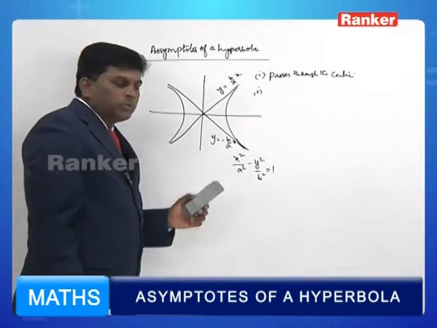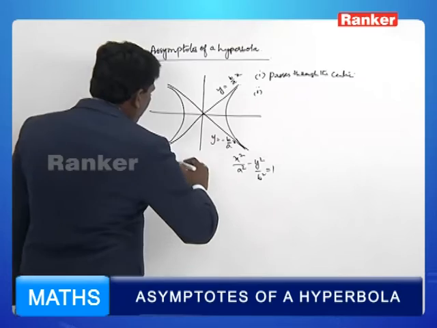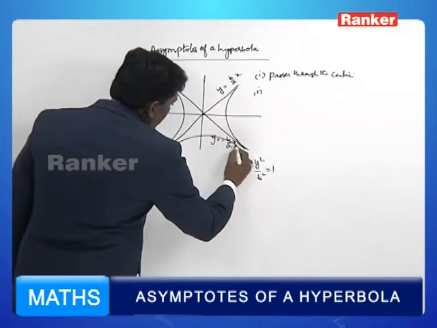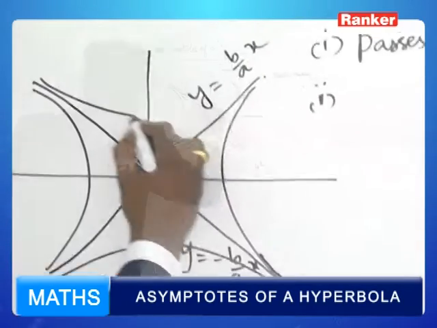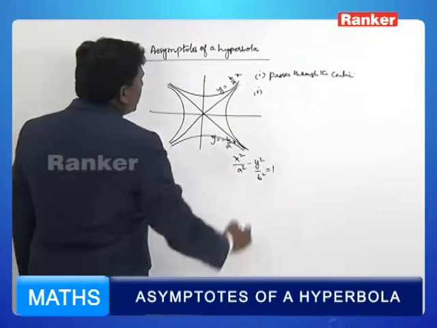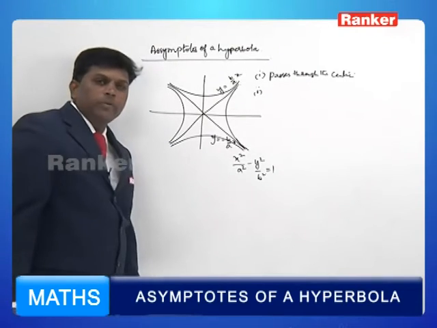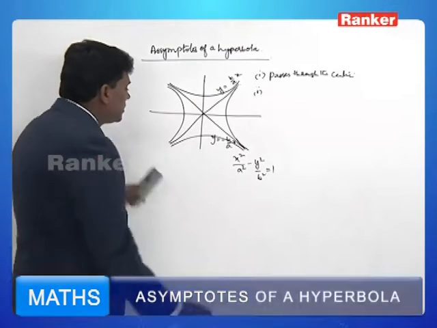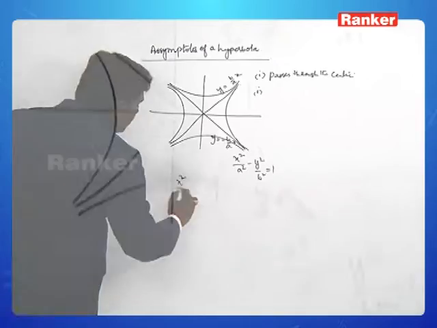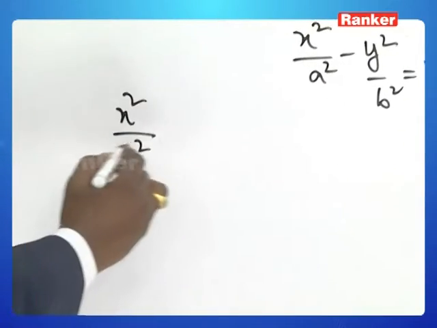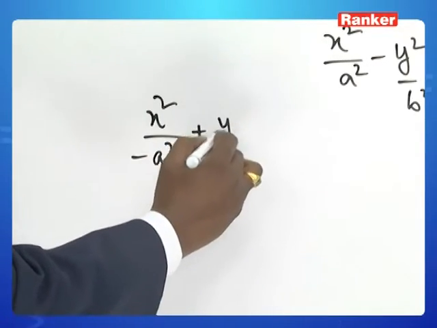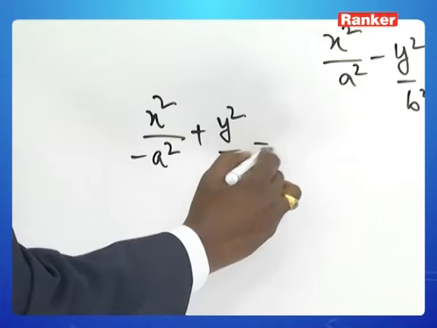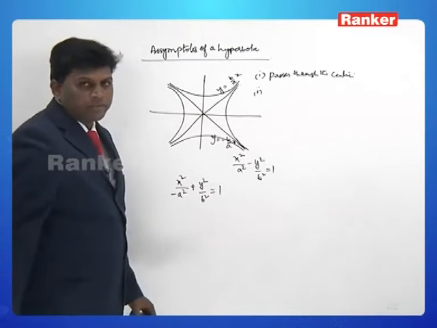Point number 2, asymptotes are common for a hyperbola and its conjugate hyperbola also, because the conjugate hyperbola, if you analyze, x square by minus a square plus y square by b square equals to 1 will come for this.